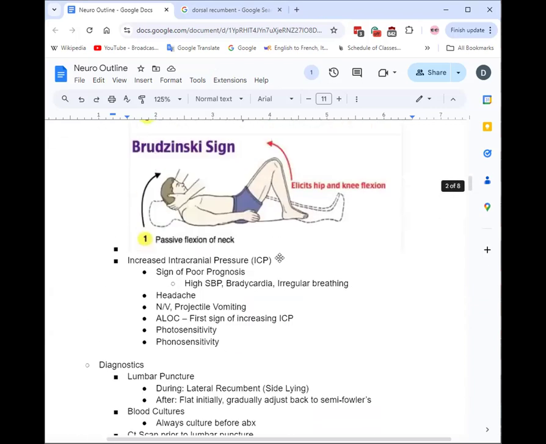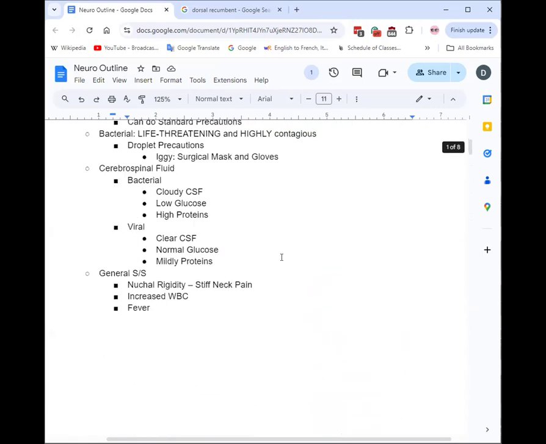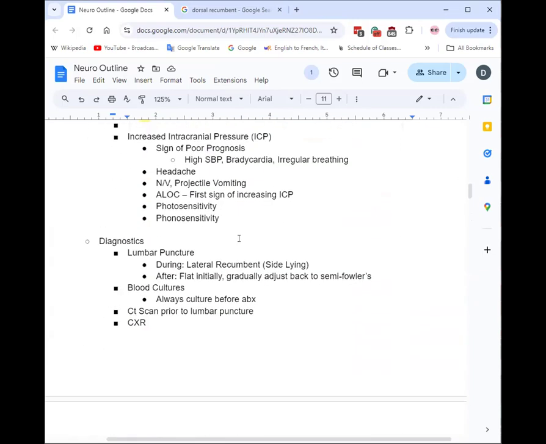So we mentioned that they have the potential to have this increased ICP. Take a look at some of these signs and symptoms and tell me what's something you want to assess.